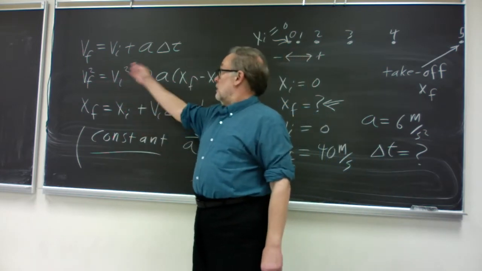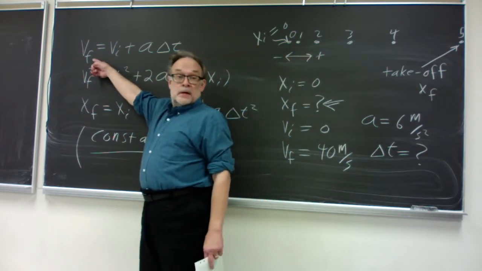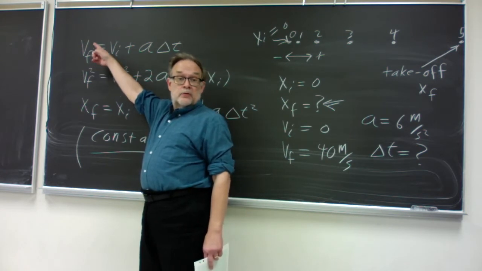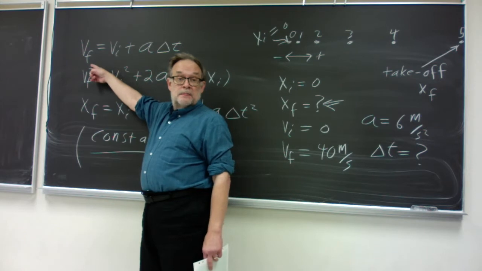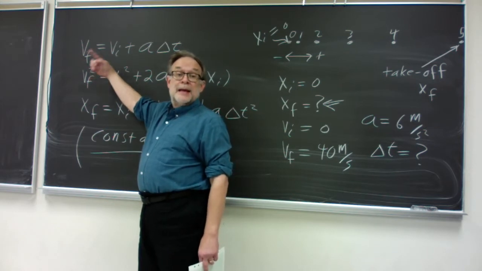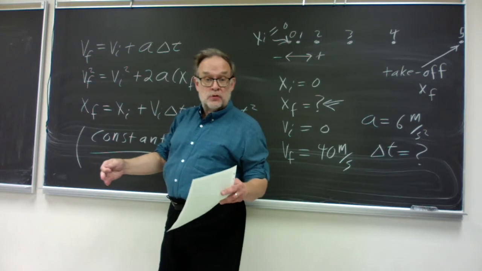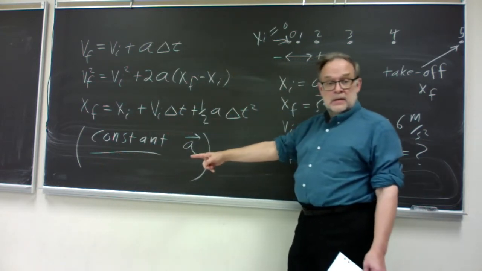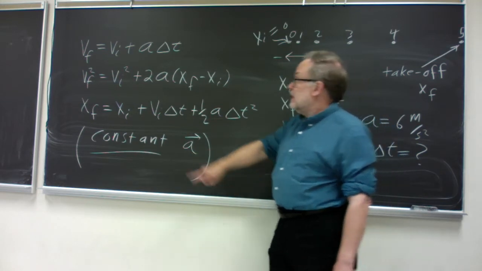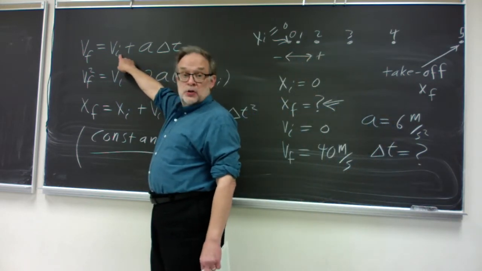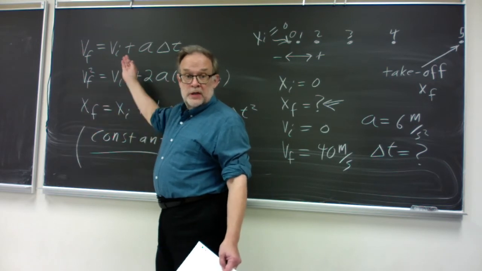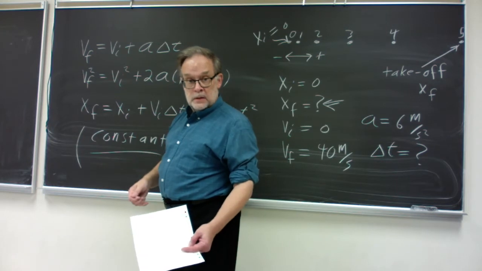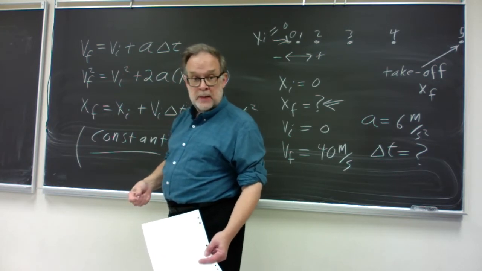In all of these equations, the F subscript means the value of some variable, like final velocity in this case, the value at the end of some time interval, and during that time interval there was constant acceleration. And then v initial would be the value of that variable, like initial velocity in this case, at the beginning of the time interval when this constant acceleration was happening.